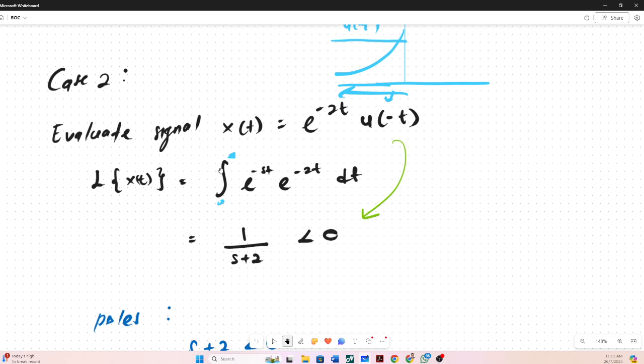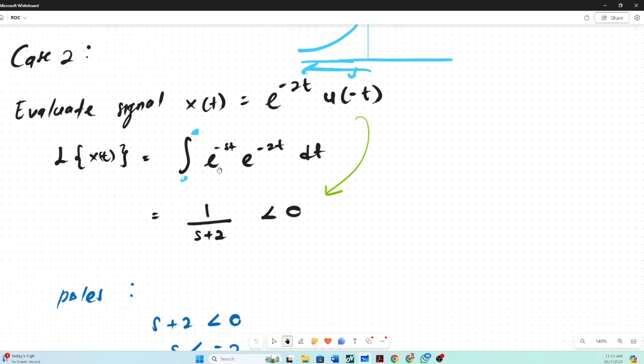After you figure out what the signal looks like, you can do the Laplace transform and set the limits. The limit starts from 0 until minus infinity. So we put e to the power of minus st, our transformation, times our input e to the power of minus 2t dt.